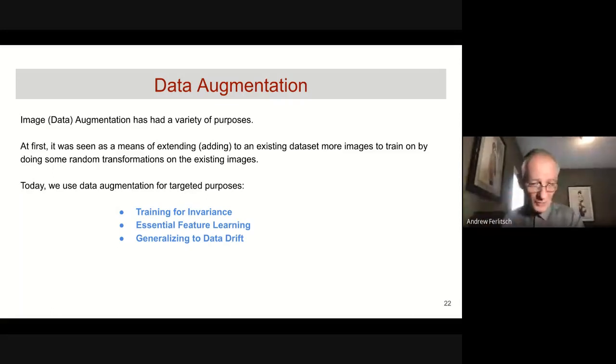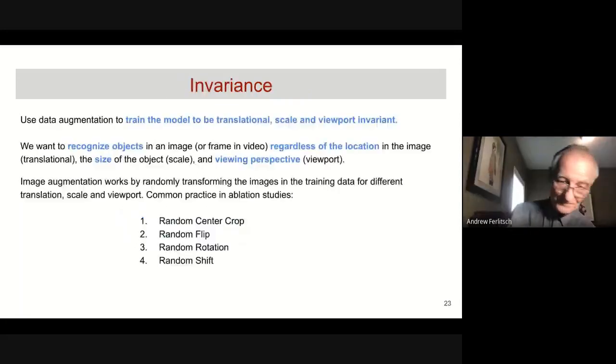But when you deploy the model, the images it sees may be close to that distribution, but a little bit outside of it. That is, it drifts. It's a slightly different distribution than what you trained on. And ideally, you would like your model to be able to generalize to these data drifts that are going to occur when the model is deployed in the real world.